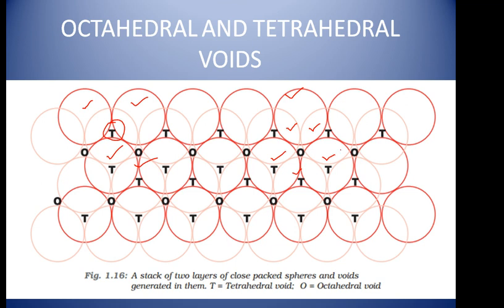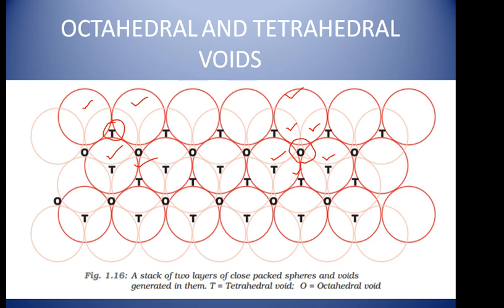Then you get a star like this, and this type of void is known as octahedral void. There are two types of voids created when we stack another layer over a hexagonal close packed layer. One is tetrahedral, another one is octahedral.